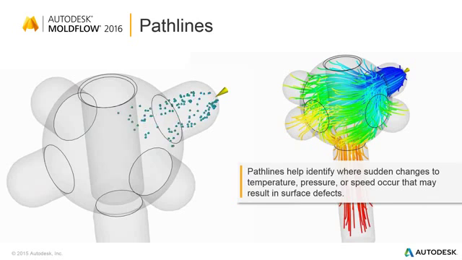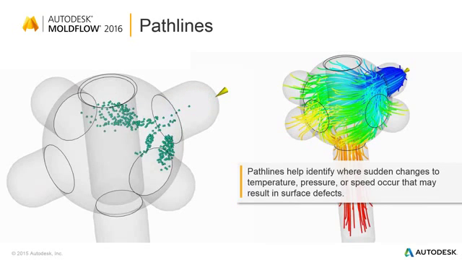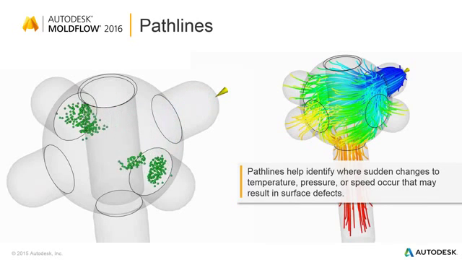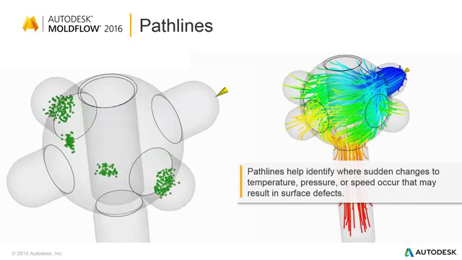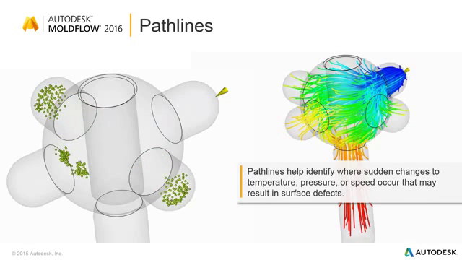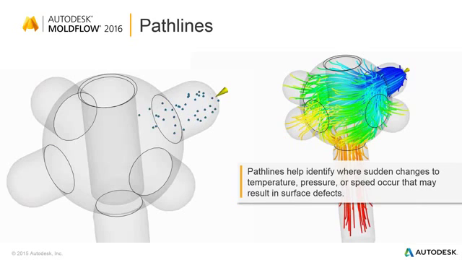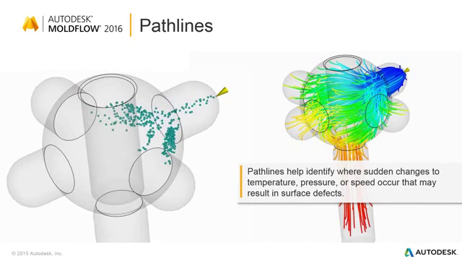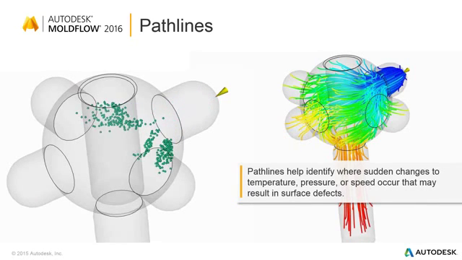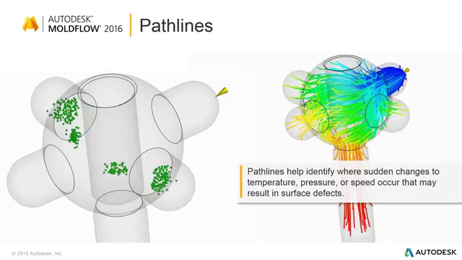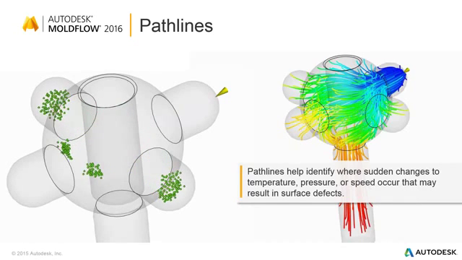It helps you trace back, if you see a visual defect on the surface of your part, where the defect may be coming from, because the defect might be on the surface somewhere, but the actual underlying cause of why the defect occurred might have been picked up during how that plastic arrived at that particular area.